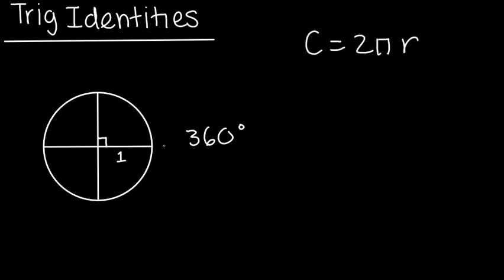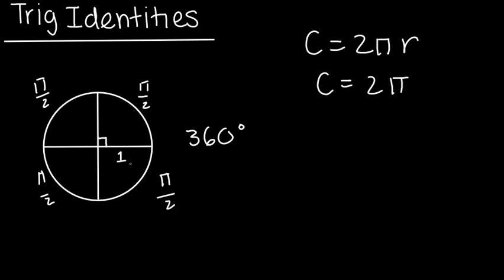And r in this case is just 1, so the circumference is equal to 2 pi. And this 2 pi is divided evenly amongst these 4 equal sectors of 90 degrees. So this would be pi over 2, pi over 2, pi over 2, and so on, right? So we state that these are radians. 2 pi radians is equal to 360 degrees.